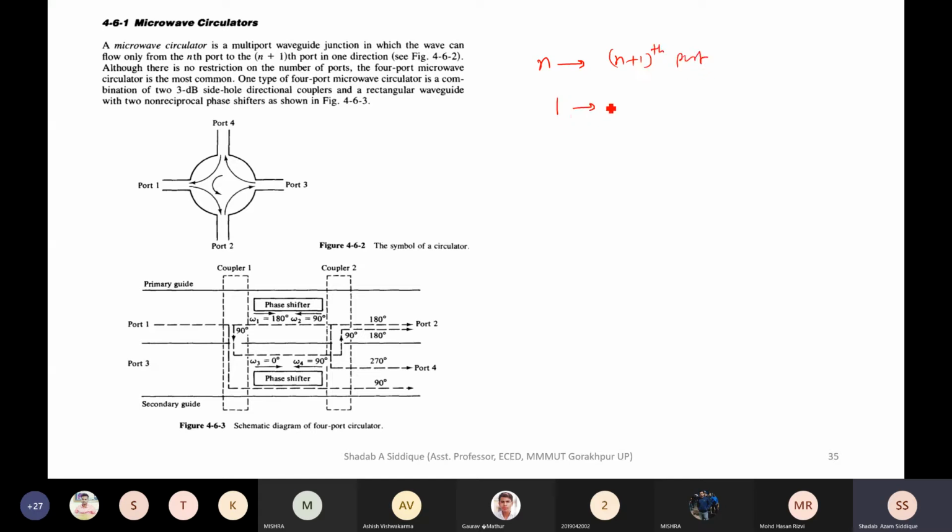So the first port goes to the second port, and if we incident at the second port, it goes to the third port. If we put it in the third port, it goes to the fourth port. Suppose we have a 4-port device, the fourth port gives back the first port. So that is the circulation which we have.